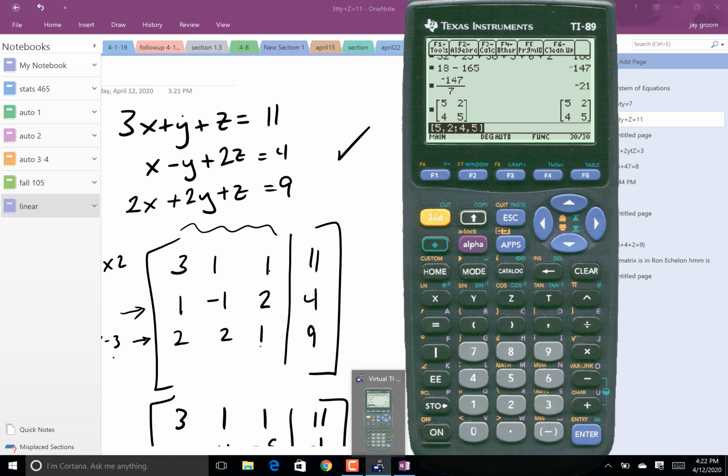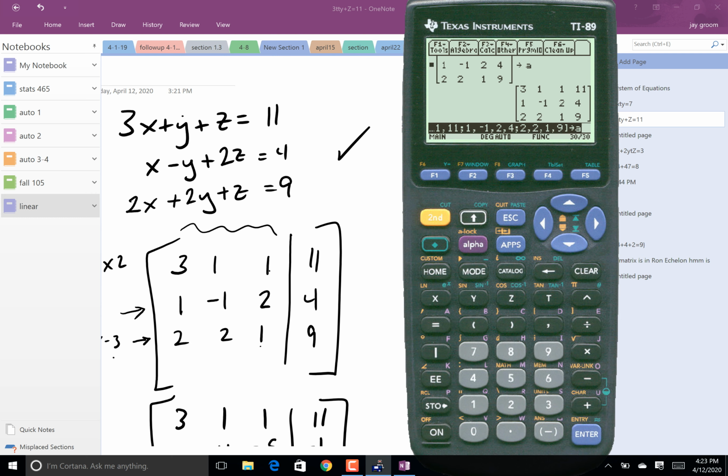So to do this in your TI-89 calculator, it's going to be 3, 1, 1, 11, semicolon, 1, negative 1, 2, 4, semicolon, 2, 2, 1, 9, bracket. Okay, and then I like to store them, so hit store as a matrix, so matrix A.